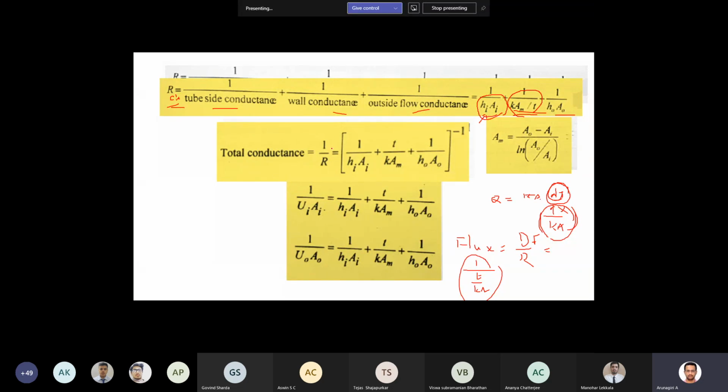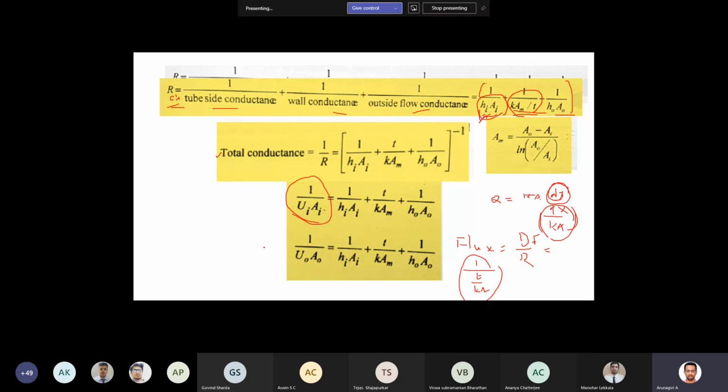Then the total conductance is 1 by the resistance. So this is 1 by hiAi plus 1 by (t by kAm) plus 1 by hoAo, inverse. This is your total conductance, and you can express total conductance like this also. This is your overall heat transfer coefficient, 1 by UiAi here.